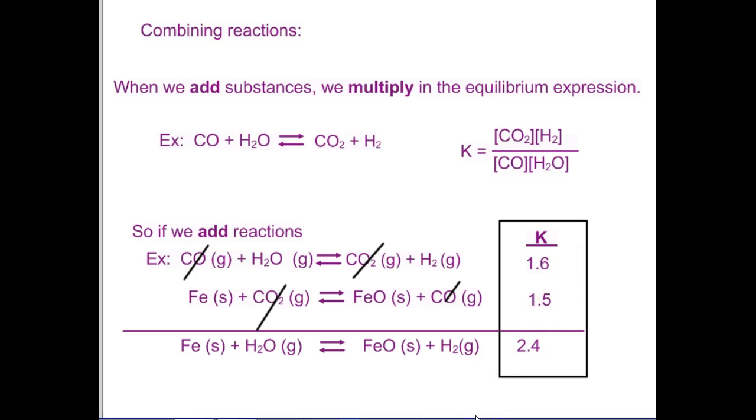Why would we do that? Probably because it's experimentally possible to get the first one, experimentally possible to get the second one, and experimentally difficult to get the third one. So this allows us to use lots of different equations that we can measure their equilibrium constants and predict the equilibrium constant for something where we can't measure it as easily.